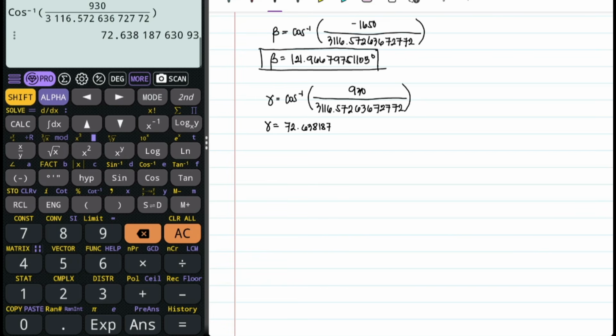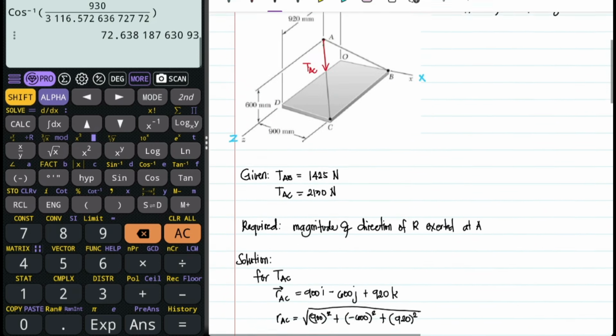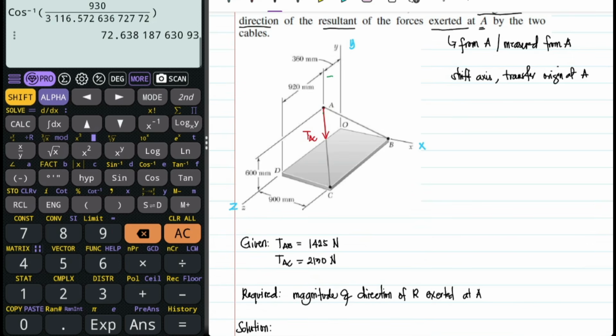Okay, so this is an example using position vector wherein we shift our axis as well as the given labels for the axis is not the usual one. This is another example for three-dimensional analysis.